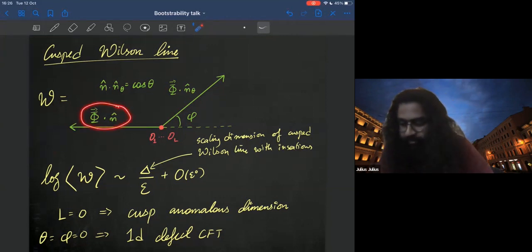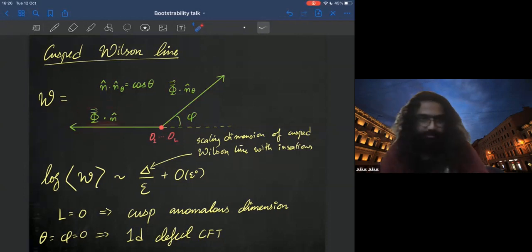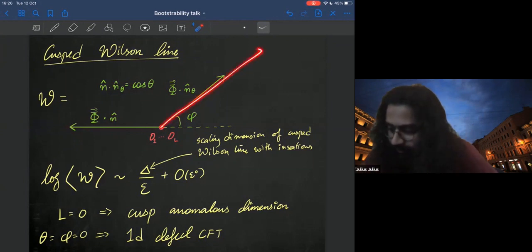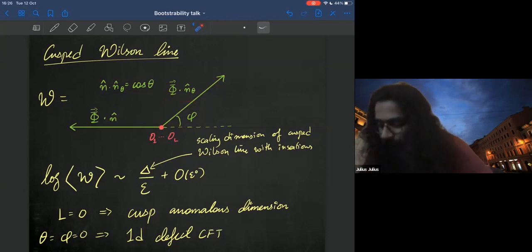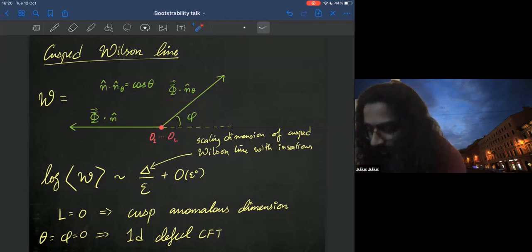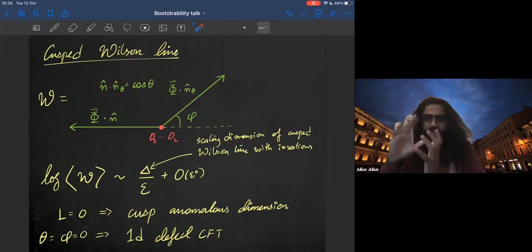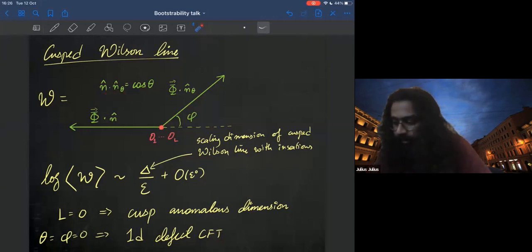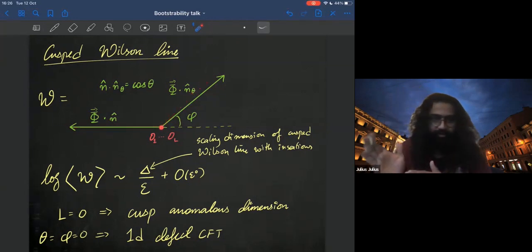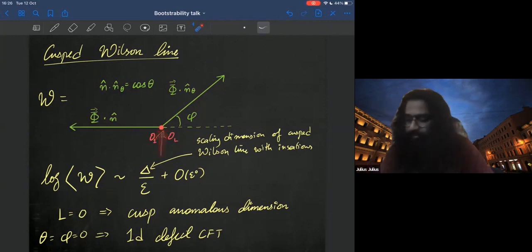This is just notation to show that I've picked one out of the 6 scalars to be coupled along this ray. Then I have another Wilson ray, and along this ray I couple a different scalar, so that in the space of scalars, the two scalars make an angle of cos theta. Also, there is an angle phi, the physical cusp angle. It's the angle that the two Wilson rays make with each other. And at this point, I make some operator insertions.